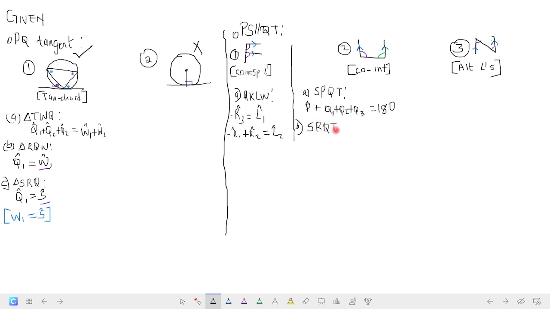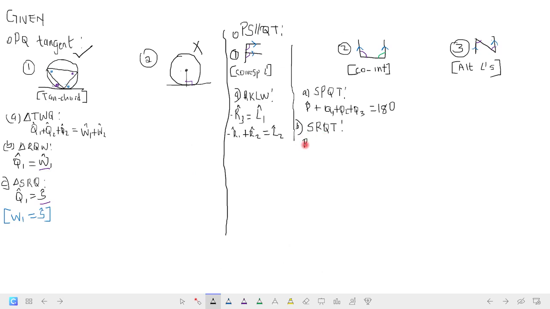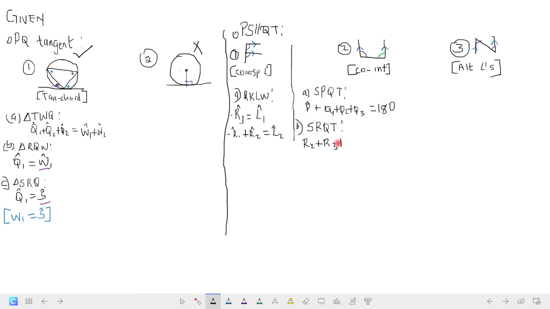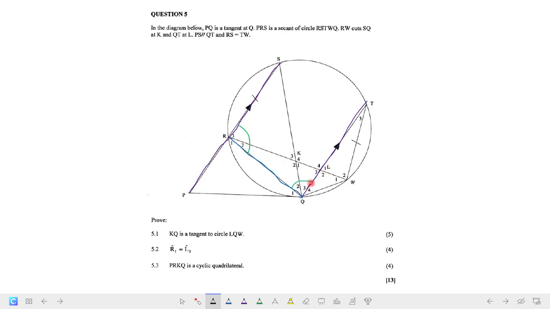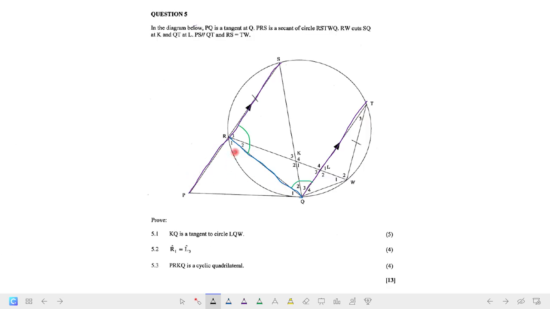SRQT. I see here that R2 plus R3 plus Q2 plus Q3, it is equal to 180, right? So let me extend this one. So let me see if you can find another one.